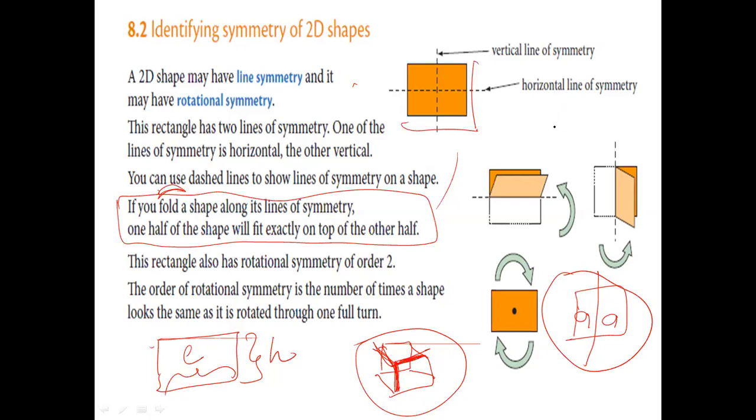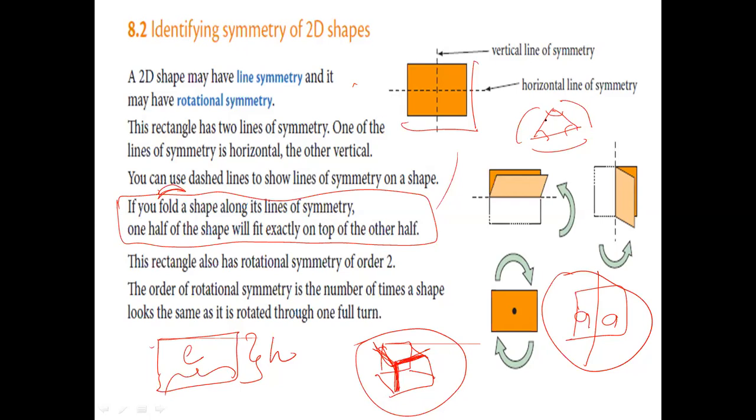For example, in an equilateral triangle. What is an equilateral triangle? All sides are equal to each other. Also, their angles are equal to each other: 60, 60, 60, because the interior angle sum of a triangle is 180. That's why it's an equilateral triangle.